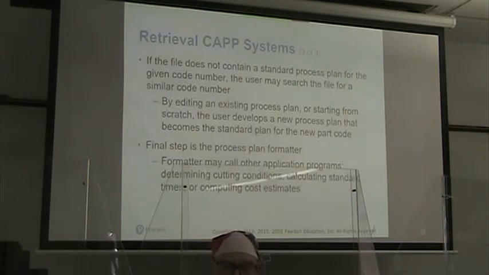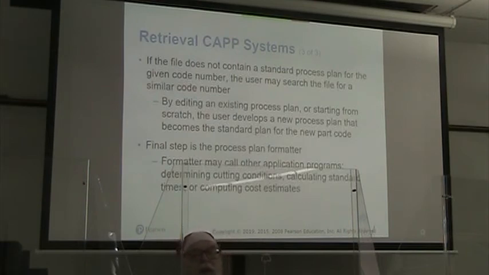So when we edit an existing process plan or start from scratch, we're going to develop a new process plan that becomes the standard plan for the new part code. Okay, so really, a lot of this is just using the enormous and fast memory aspect of the computers.